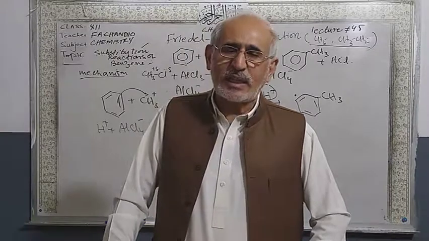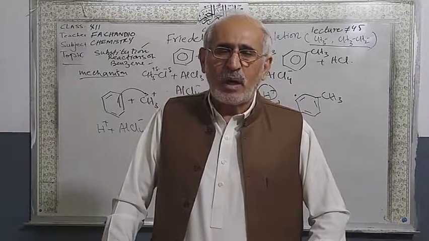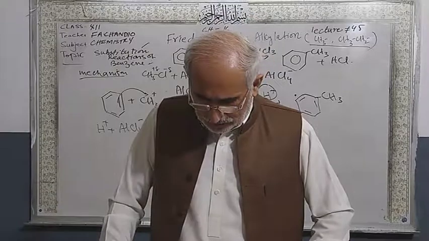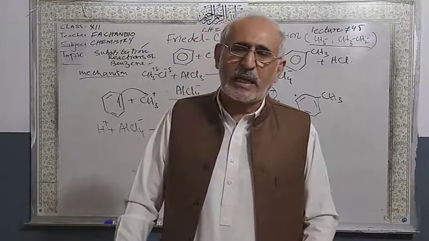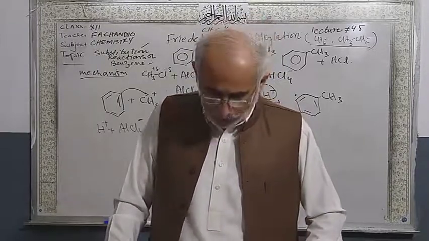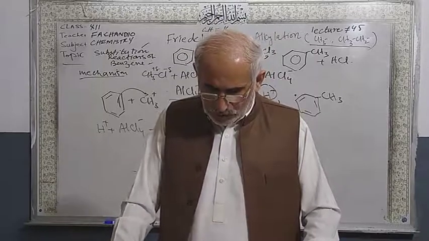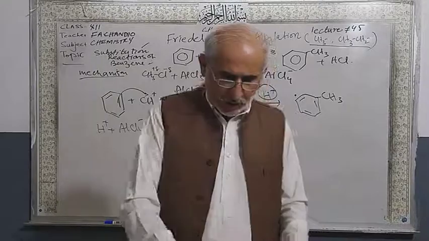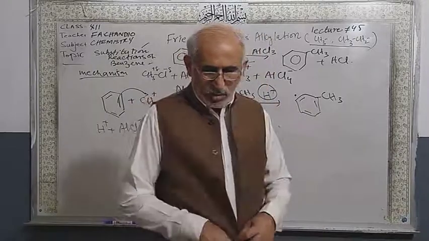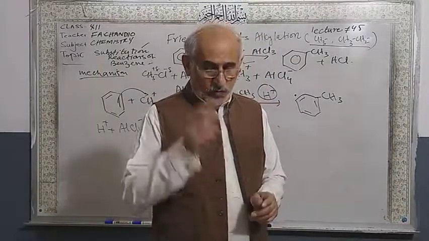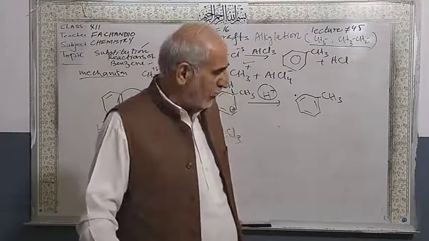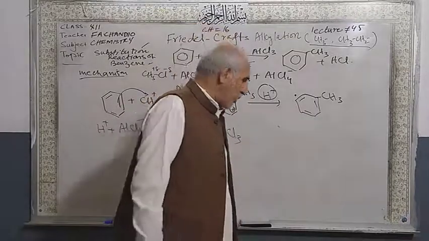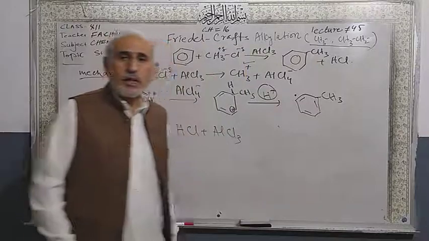Toluene can be formed, ethyl benzene can be formed, n-propyl benzene can be formed, isopropyl benzene can be formed, which is called cumene. So dear students, this is the mechanism for this chemical reaction. So we are going to finish. There are two more chemical reactions for this, and then we have to go to the end of this chapter. These topics are very important. So thank you very much.